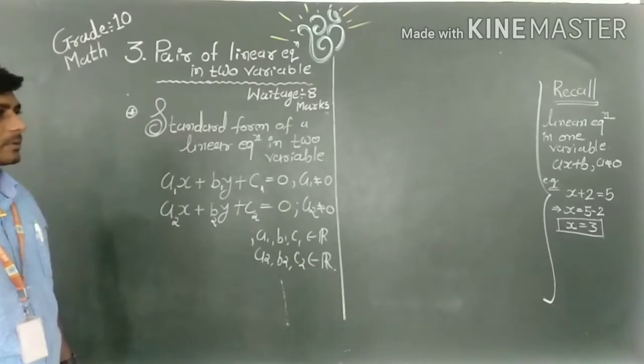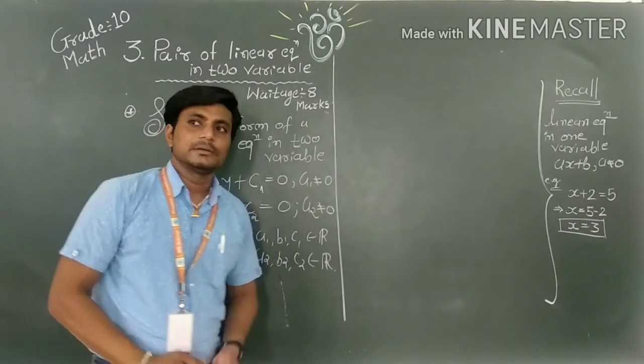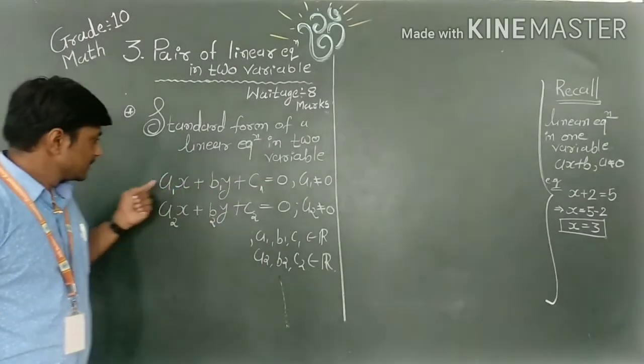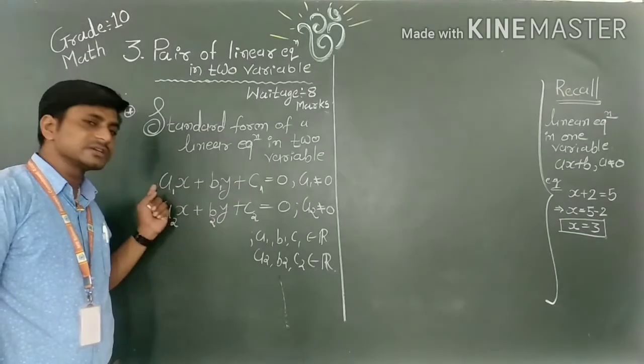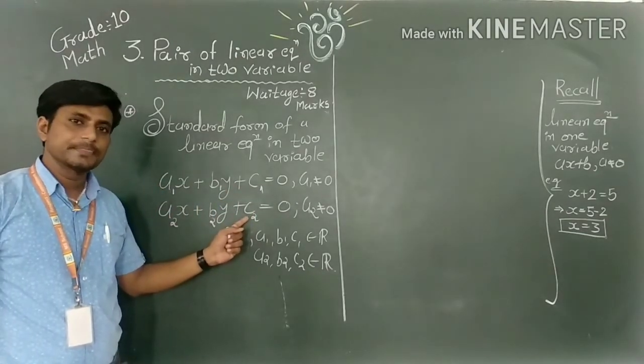Now move ahead. If we think about the geometrical meaning, then this linear equation gives us a straight line, and this equation also gives us a straight line.